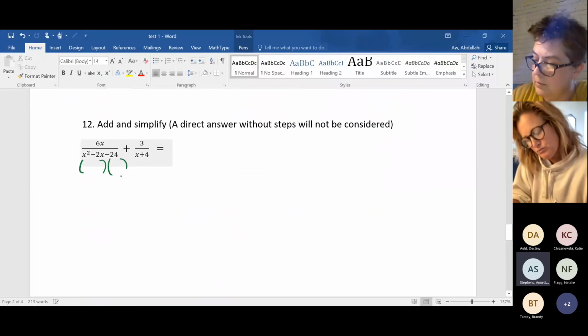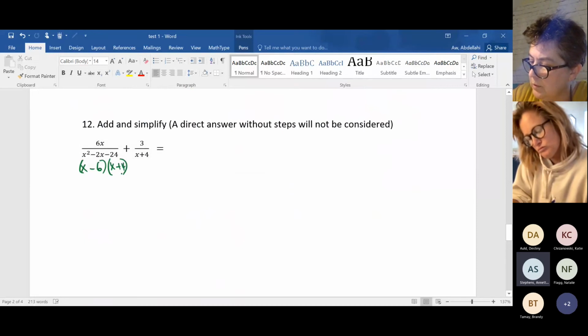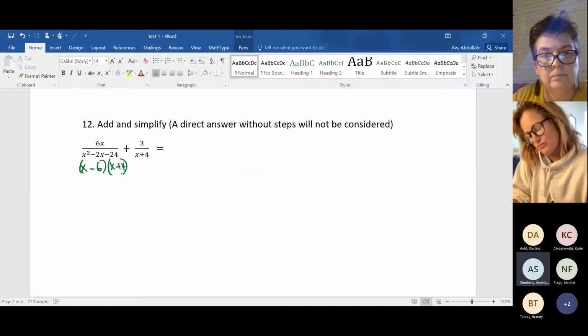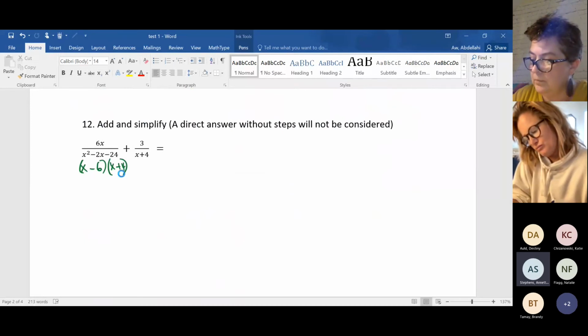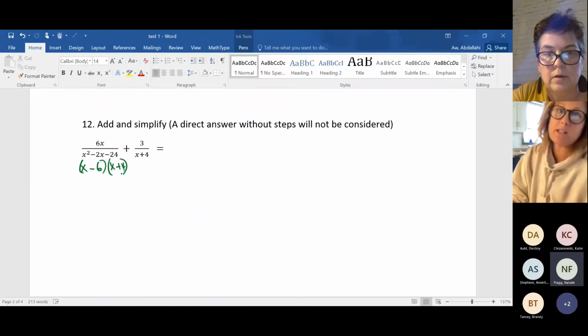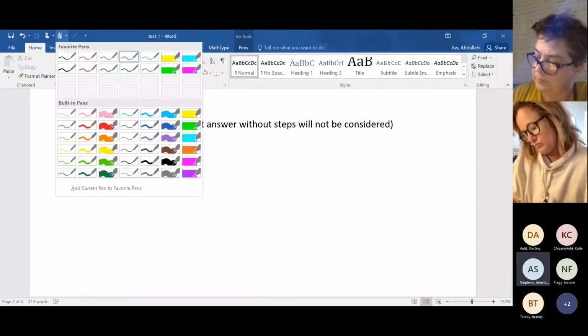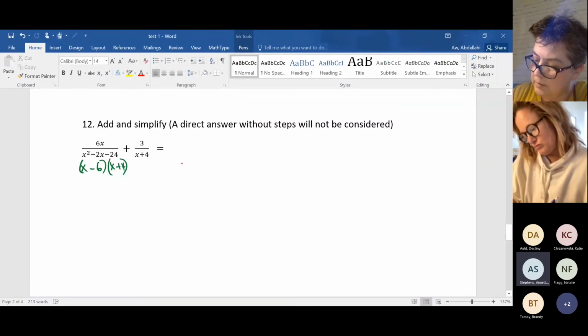This one factored as what? X minus 6, x plus 4. You agree with that? Since this one factors like x minus 6, x plus 4, what's going to be my LCD? X minus 6 times x plus 4. Exactly. The LCD will be exactly the big expression that contains everybody.